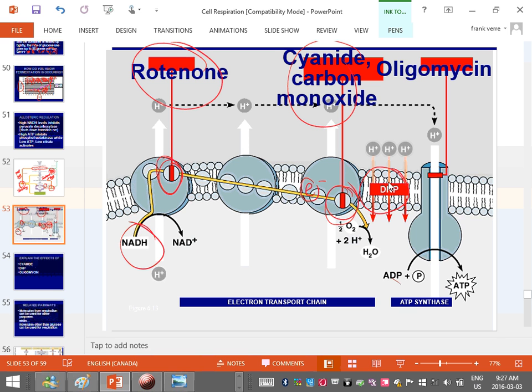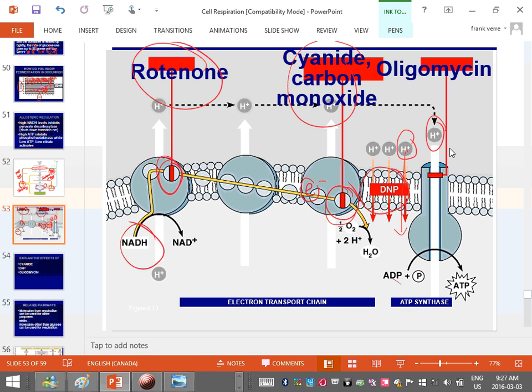What about DNP? DNP is a chemical that, according to this picture, allows protons to leak through. Is that good or bad? Kimberly, why is it bad? Well, where are the protons supposed to go through?